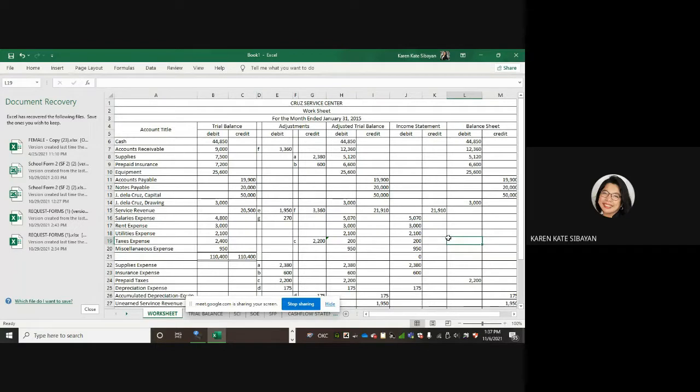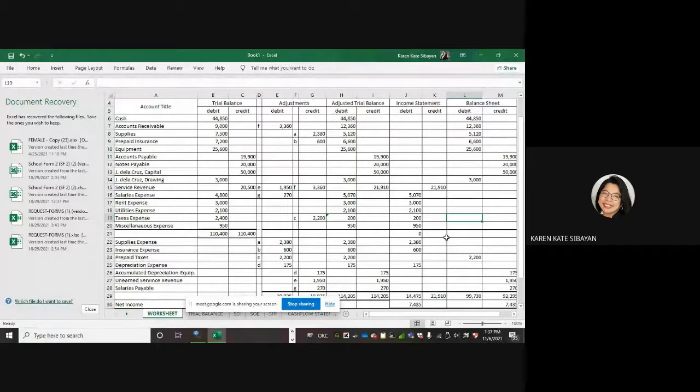So, for example, meron ba siyang hiniram sa bangko? Tingnan. Pag meron kang hiniram, loan. So, it can be loan payable. Pero kapag may iniwan na notes, it can be notes payable. Okay? So, analyze. Meron ba?